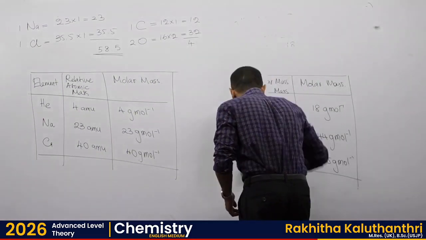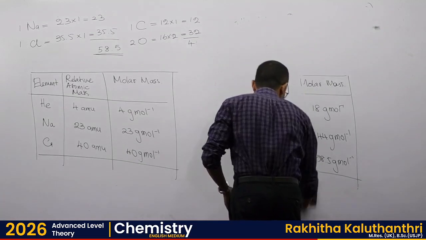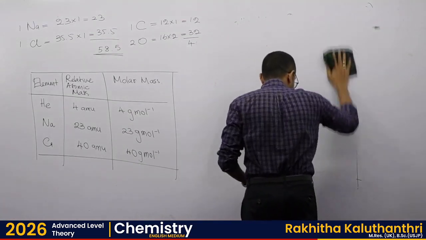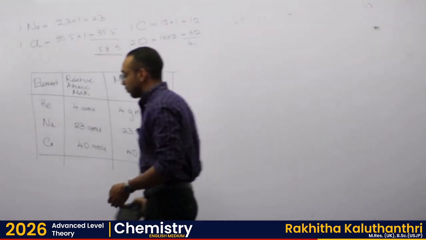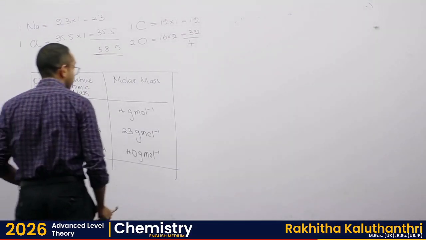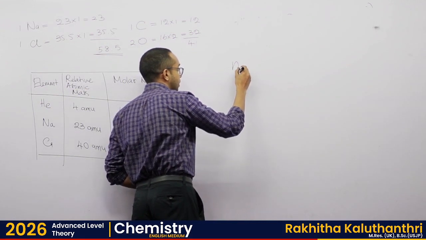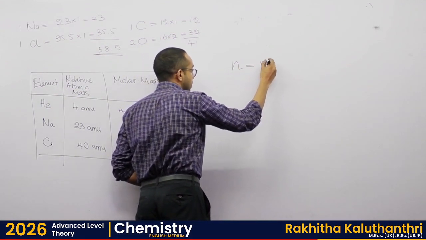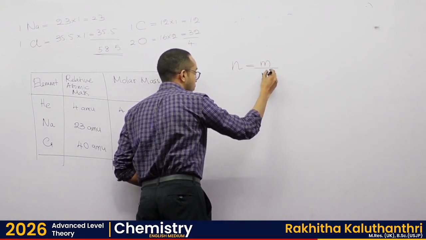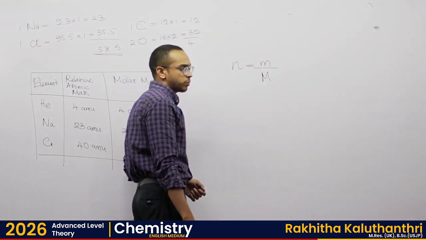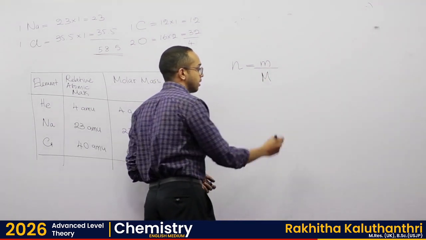So we can easily get to the number of moles of a given substance with the use of this equation. The equation is this: N equals mass divided by molar mass.